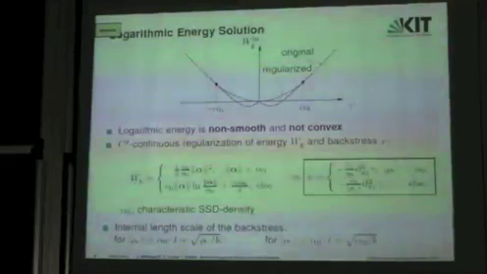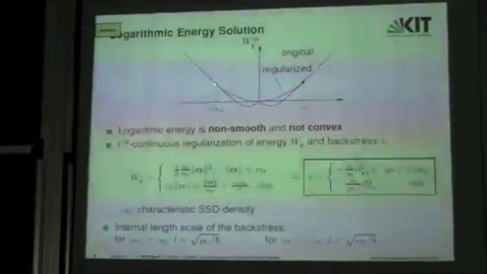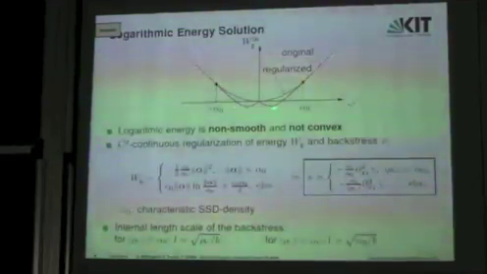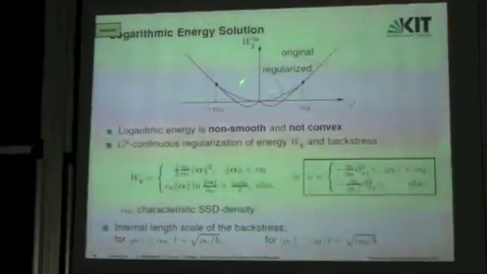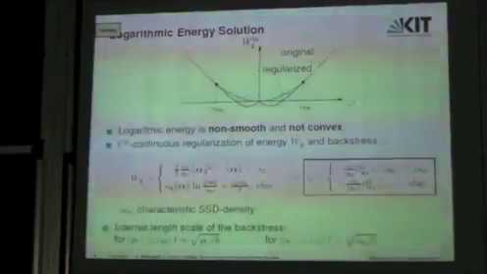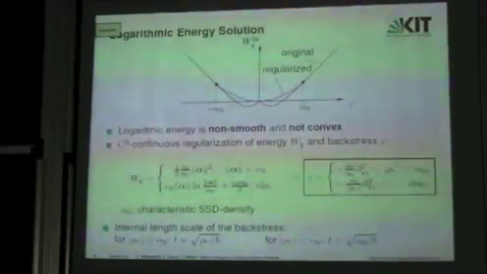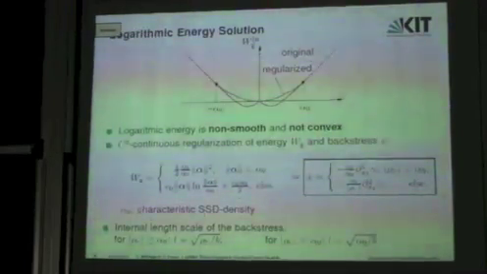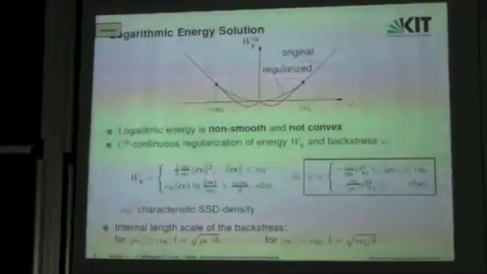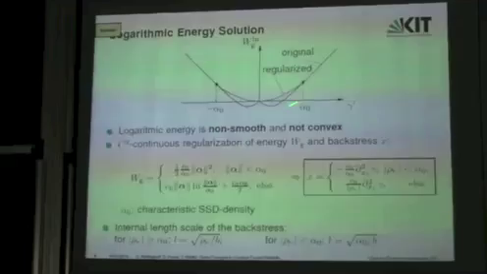Therefore, we said, okay, let's regularize the energy, for example, by simply putting a quadratic energy here. Then for a special choice of the parameters of this quadratic energy, we get a C2 continuous regularization of W_G. And interestingly, there's only one free parameter for your energy, and that's this point alpha 0.